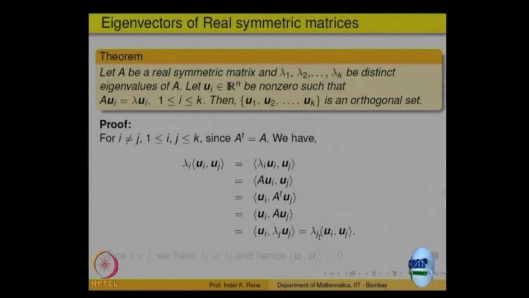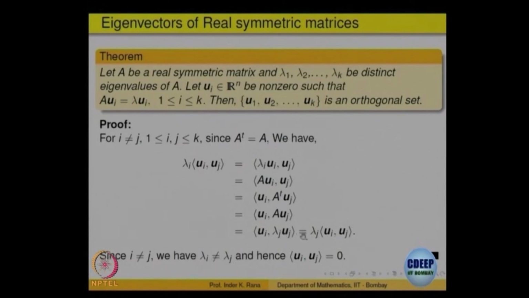Why lambda j, not lambda j bar? Because for a real symmetric matrix the eigenvalues are real, we already proved that. So what does this imply? I can cancel out lambda i, I already assumed distinct eigenvalues. If i is not equal to j, lambda i and lambda j are distinct.